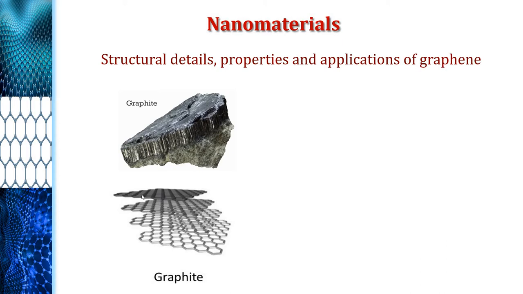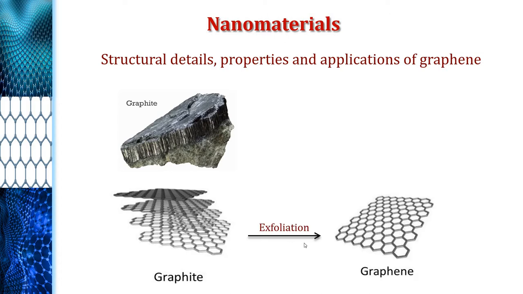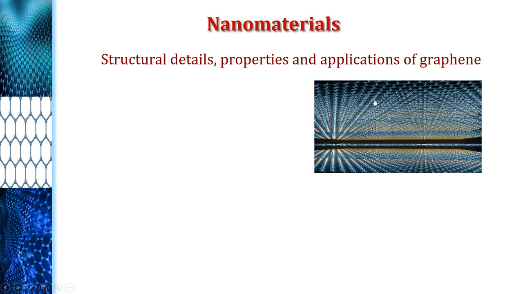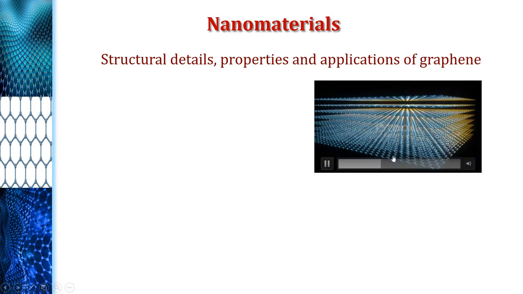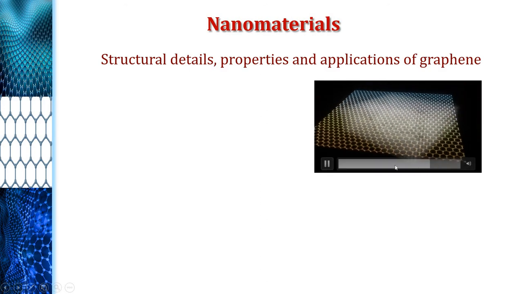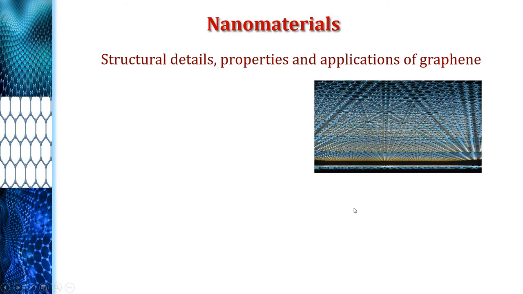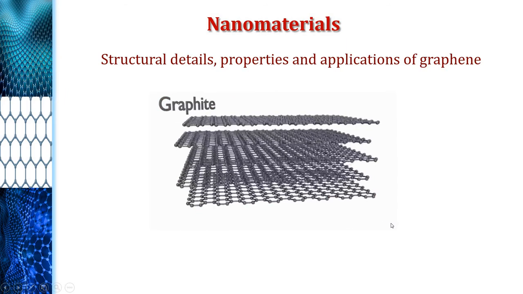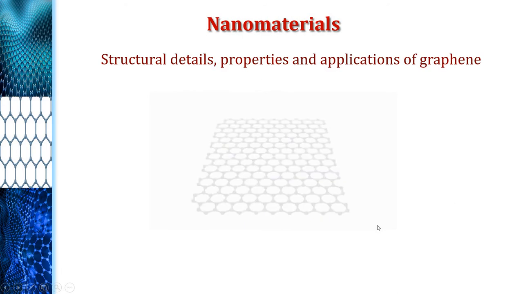After exfoliation, or taking out one of the layers, we get a graphene single layer, or single atom thick layer of carbon atoms. This is graphene single layer which is taken out from the graphite.